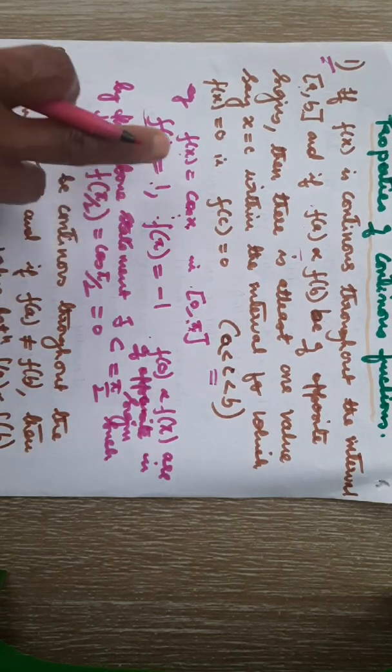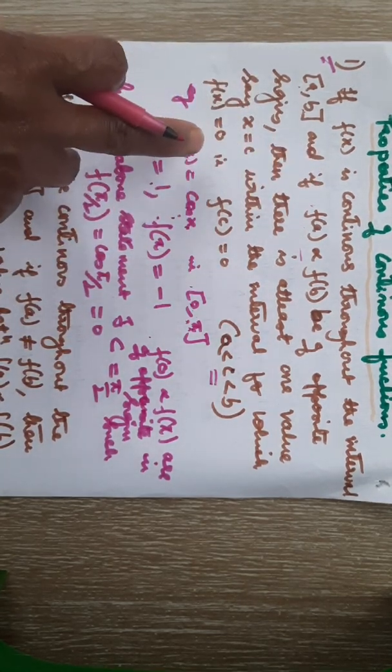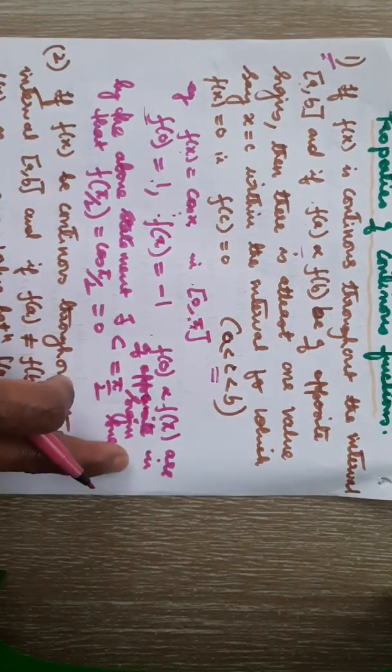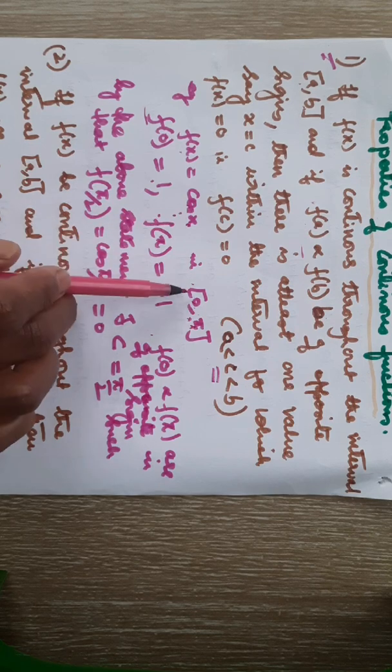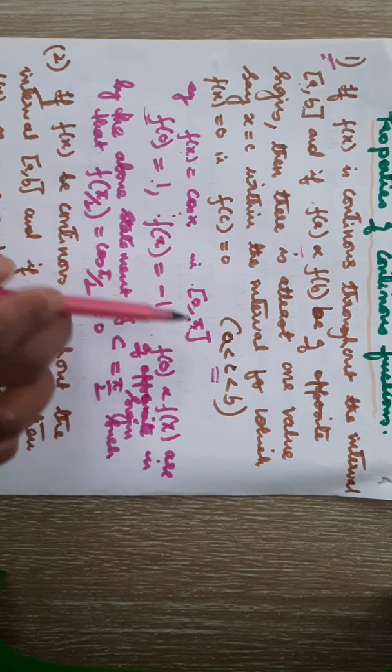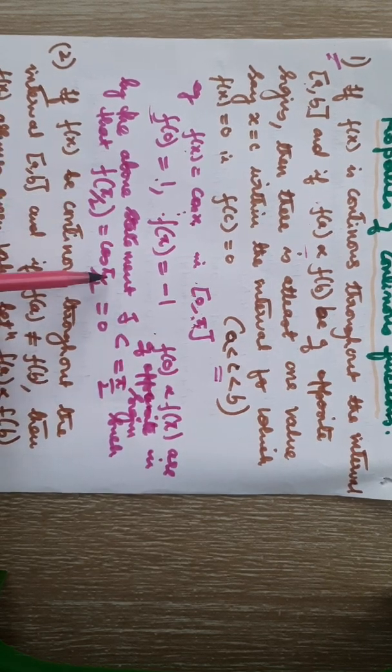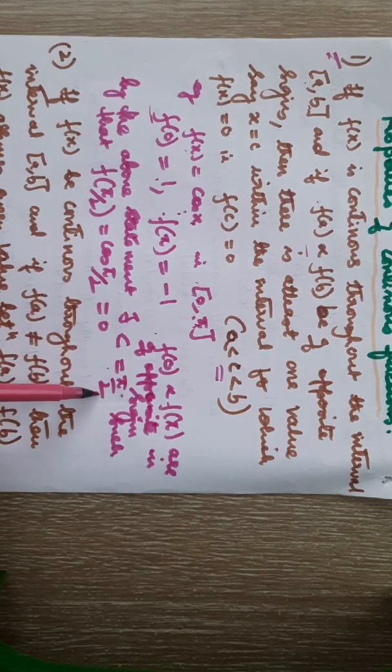So you see that if f(x) is continuous in the closed interval [a, b], and if f(a) and f(b) are of opposite sign, then you can always find a number c lying in that interval, for example from 0 to pi, for which f(c) will be equal to 0, because c in this case is pi by 2.